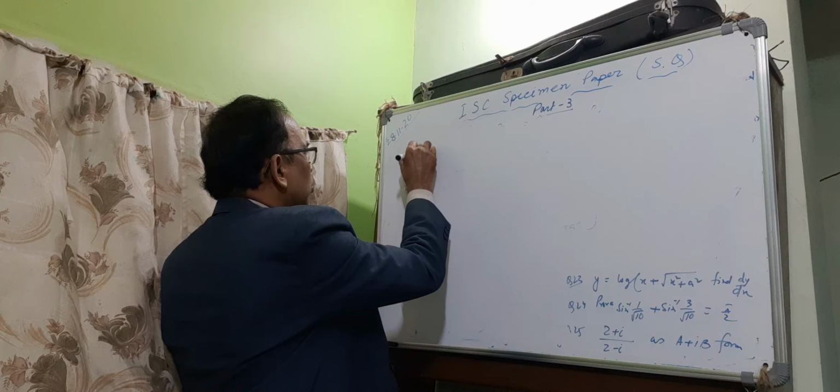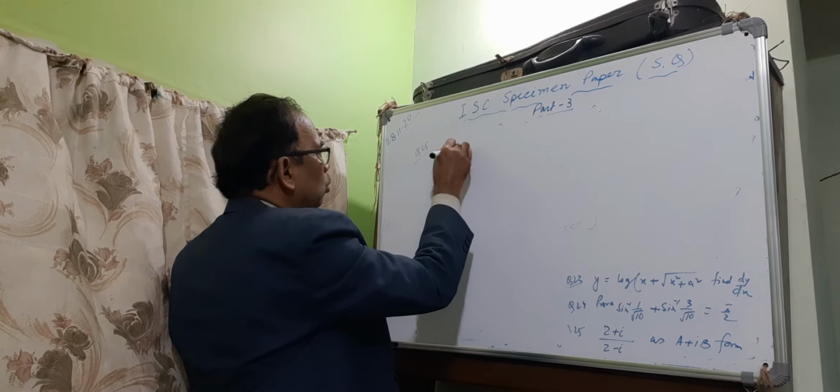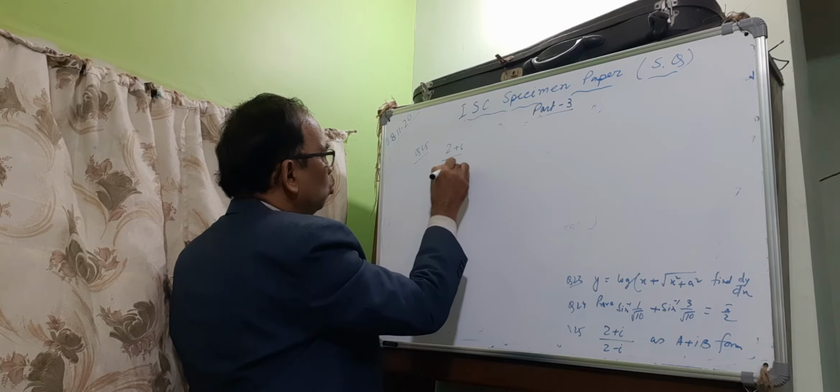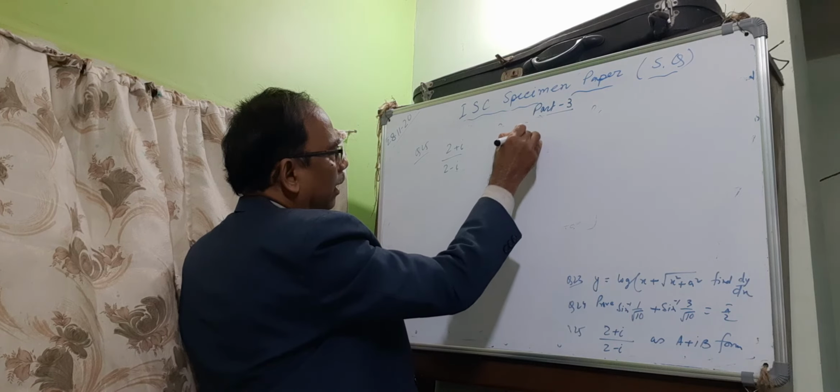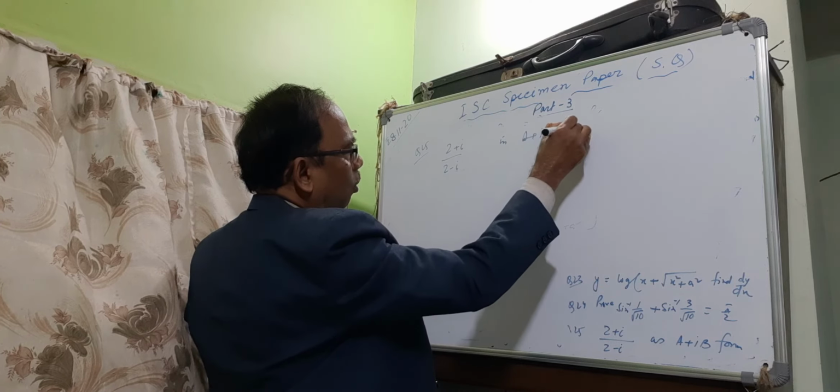Question number 25. Write 2 plus i by 2 minus i in a plus ib form.